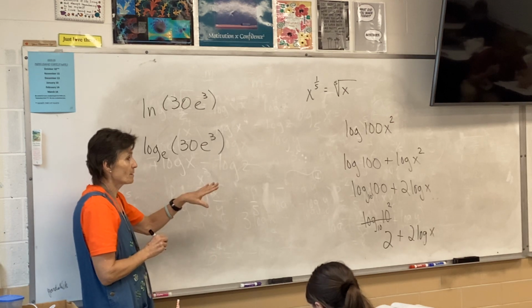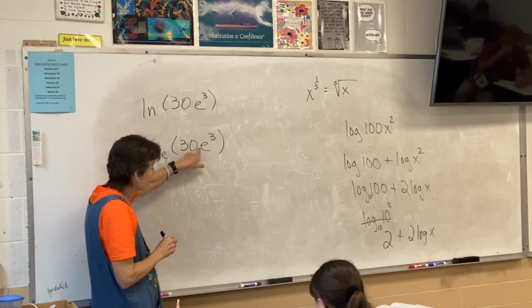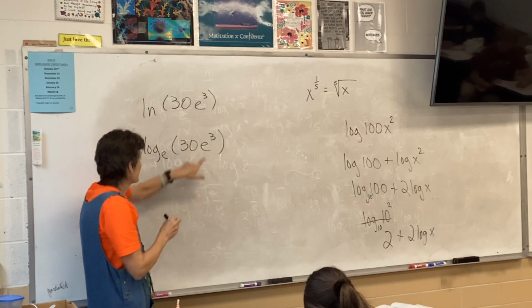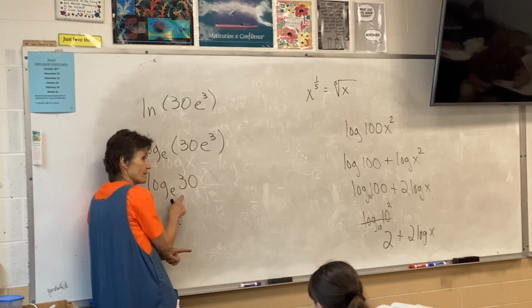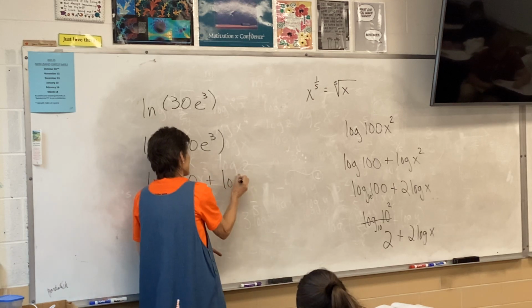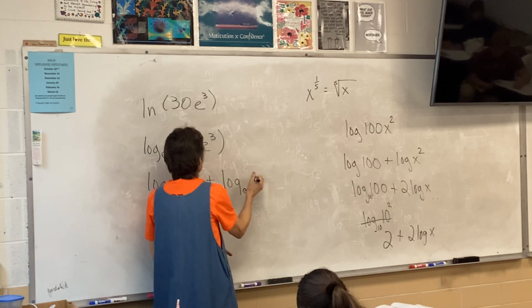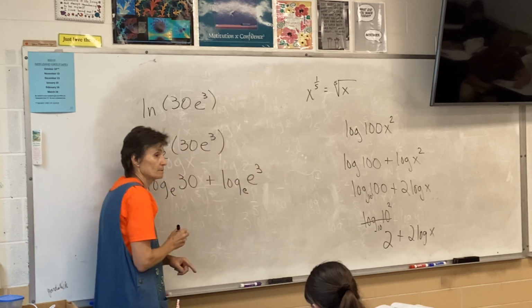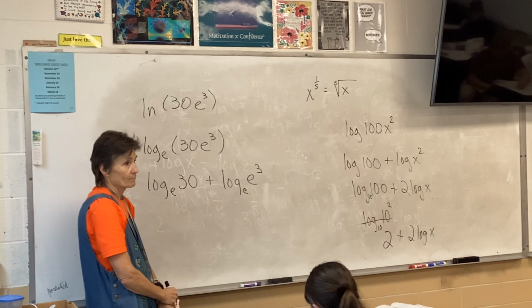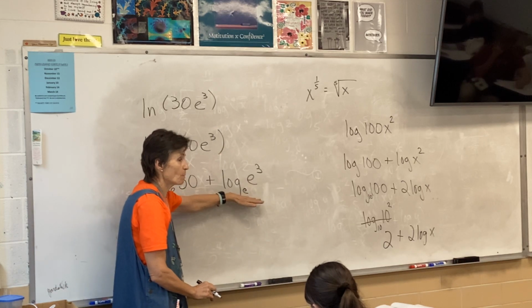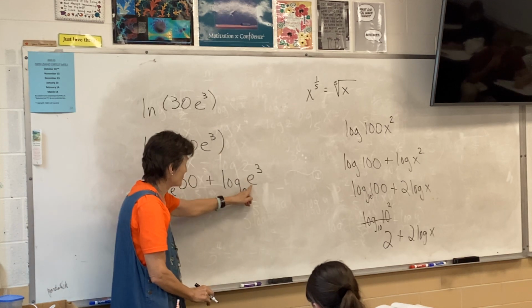Now, take a clue from the last one. Isn't this a multiply right here? Oh, yeah. So I'm going to pull it apart as the log base e of 30 plus the log base e of e cubed. This is a property. What happens when these two match?